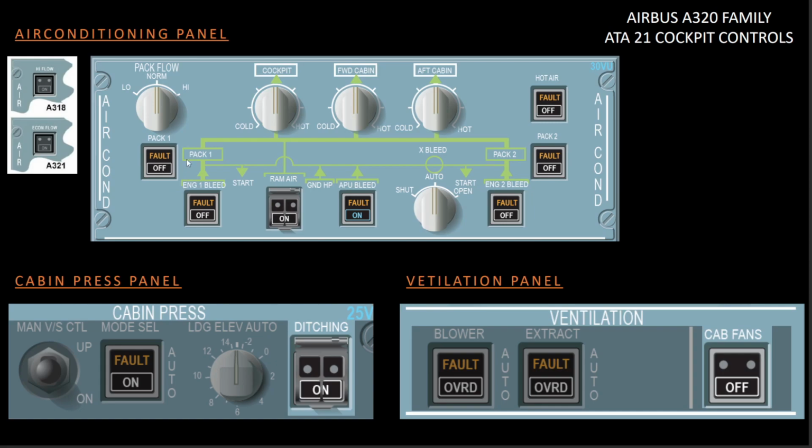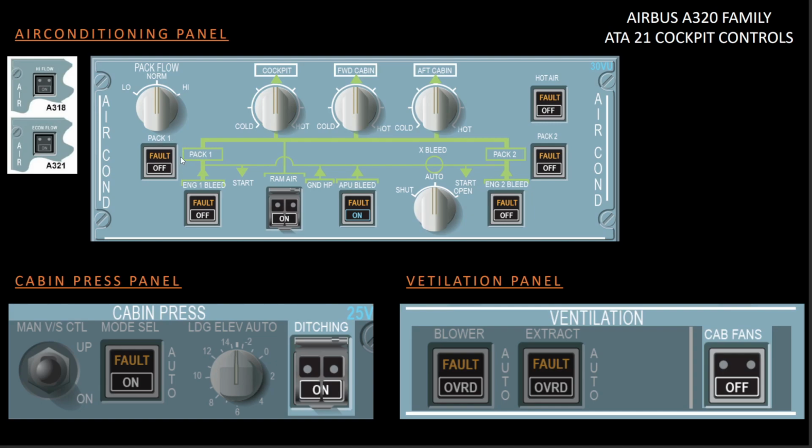And when it comes to fault indication, I told you that this is mainly because of position disagreement, and when you have compressor overheat detection with pack overheat indication, then again you will have this fault light.